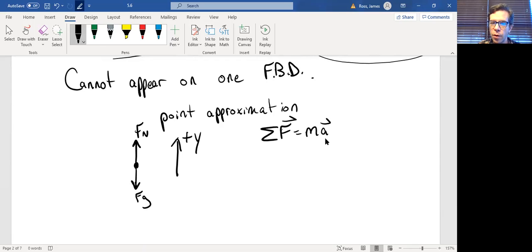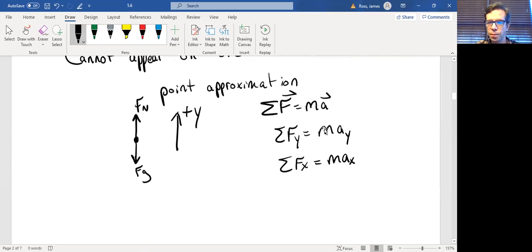And this is a vector equation. So now I can say sum of forces in the y direction is equal to ma in the y direction. Sum of forces in the x direction is equal to ma in the x direction. There are no forces in the x direction, so I'm not interested in it for this situation.